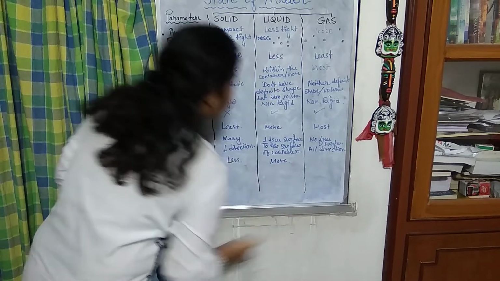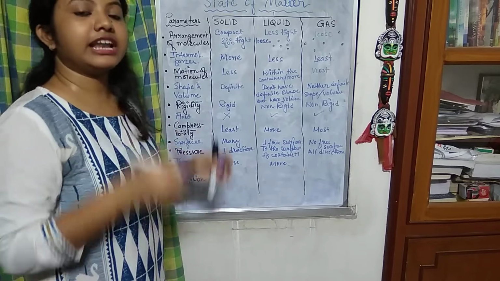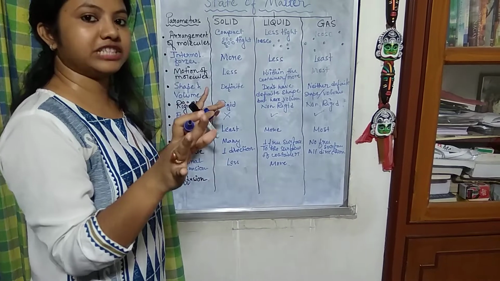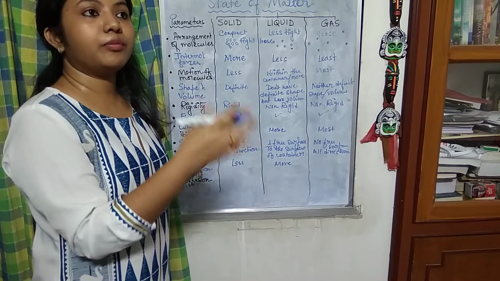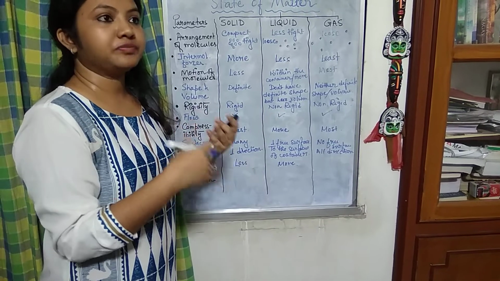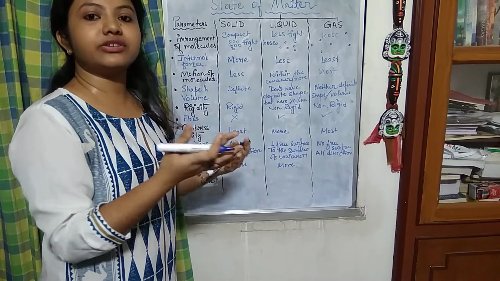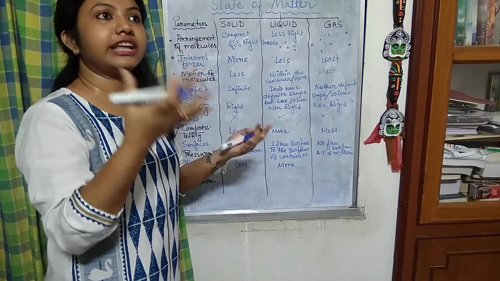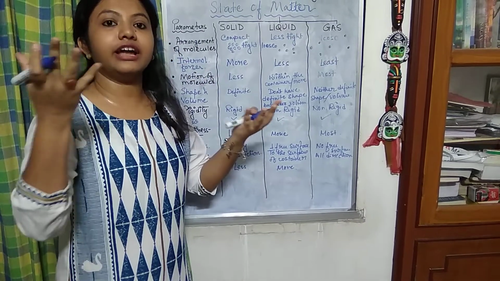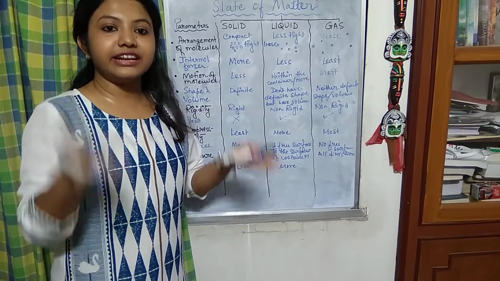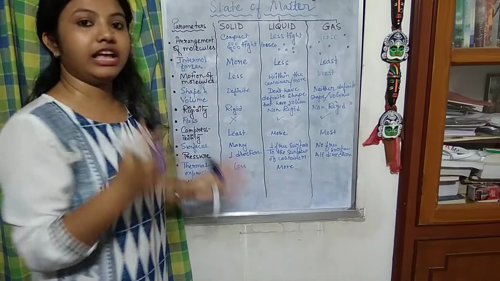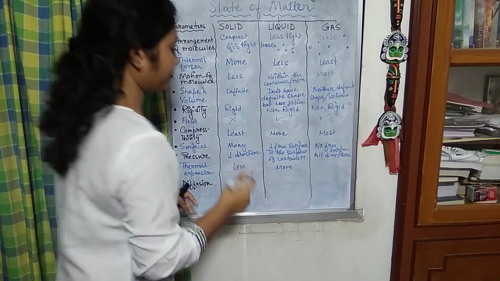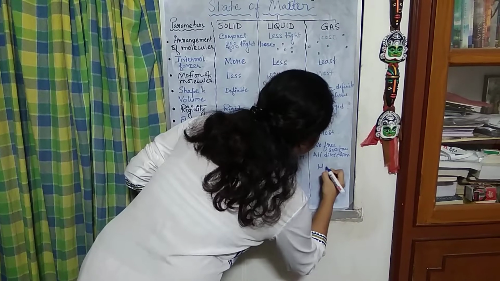And in case of gas, it has the maximum expandable capacity. When we are providing heat to the water vapor, when the temperature rises, the heated air has a tendency to go upward because the thermal expansion capacity is maximum.